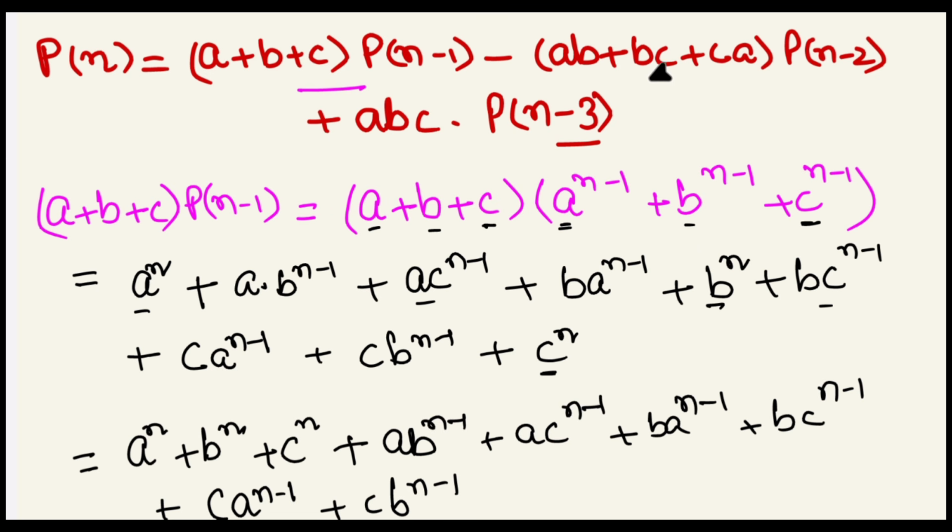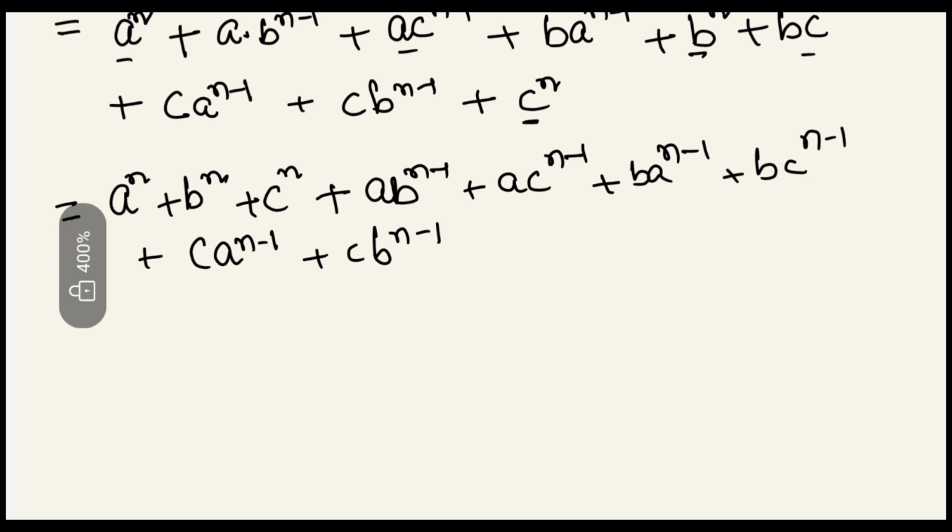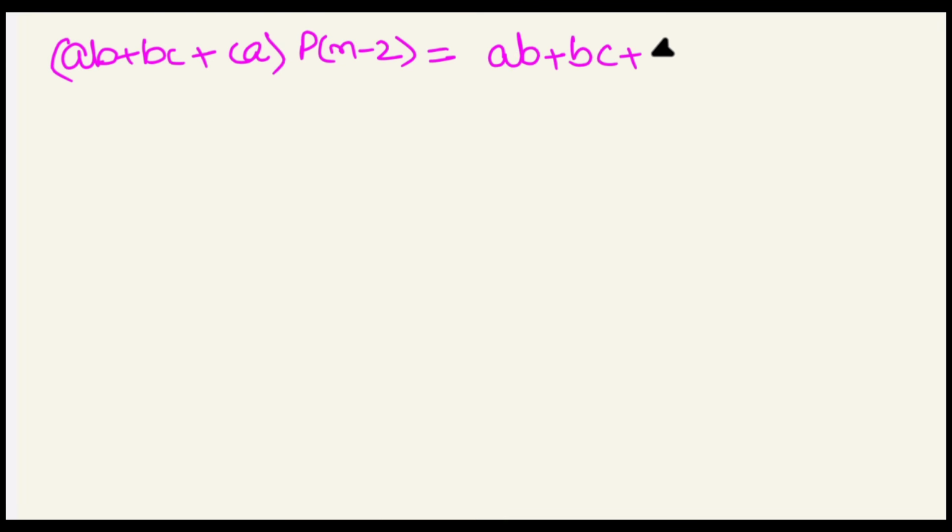Let us now evaluate this second term. Again you will get 9 terms. 3 into 3, 9. So AB will be multiplied with all these 3.